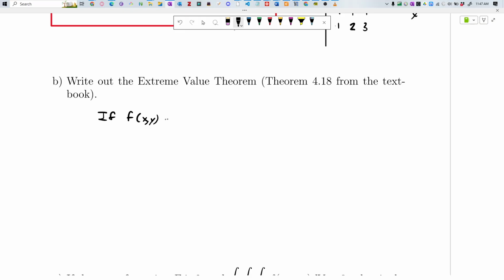So if f(x, y) is continuous, it might be specifically on a closed and bounded set.